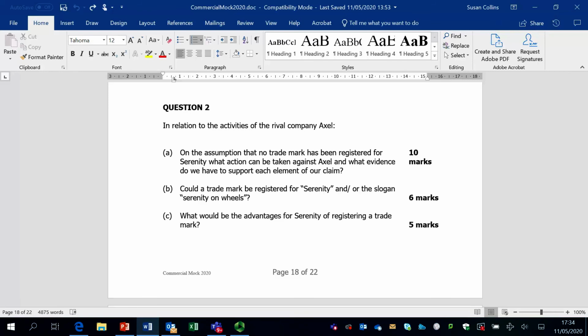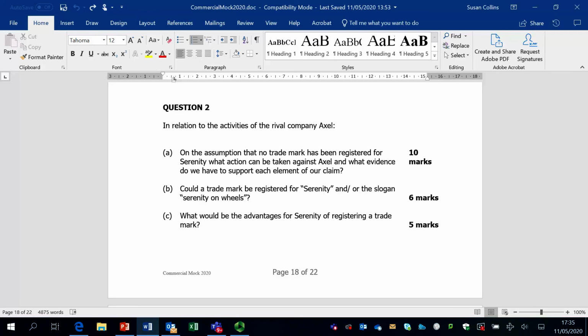You could do this by showing that they've been running this for 6 years, by referring to turnover, so you'd need details of that, and the fact there's been an extensive marketing campaign. You would want details from the client around how much they spent on advertising, what sort of sales they've had, etc. So there should be elements there to show the goodwill, or reputation attached to the mark, including the slogan. That's the first element.